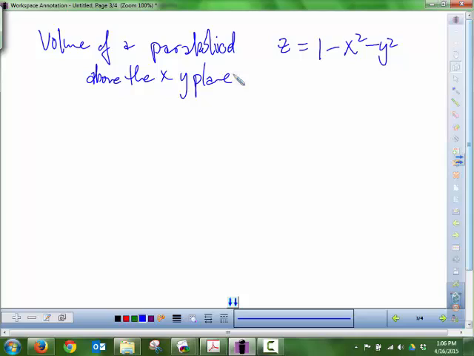I'm trying to make this kind of simple. So this is an upside down paraboloid moved up by 1 unit, and you want it above the xy plane, so you just want that volume there.